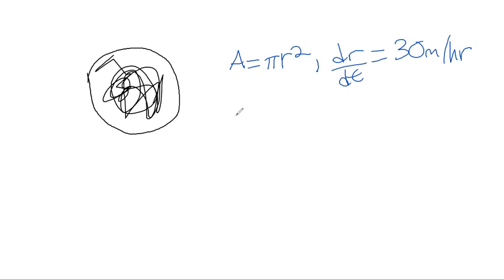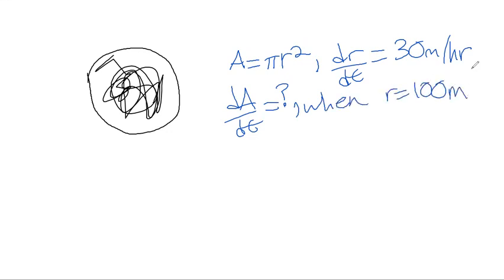And they want us to figure out what is the change in the area over time, dA dt, when the radius is 100 meters? Well, we have our area formula, pi r squared.